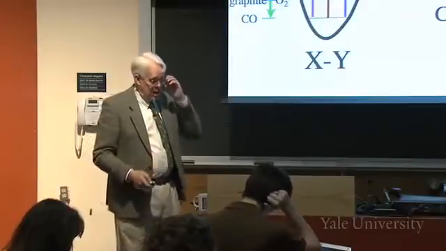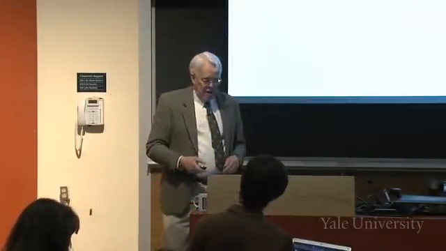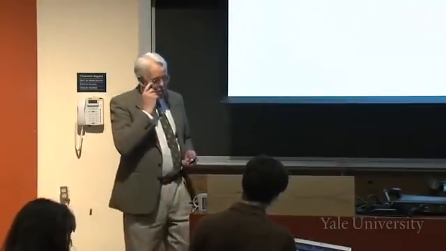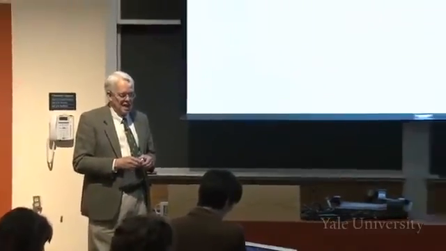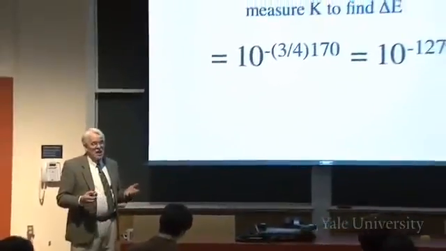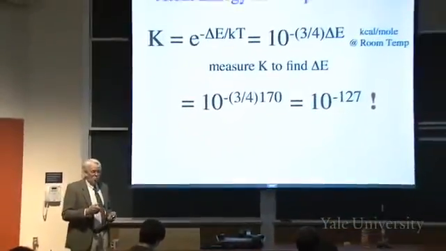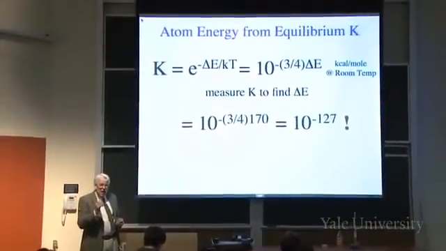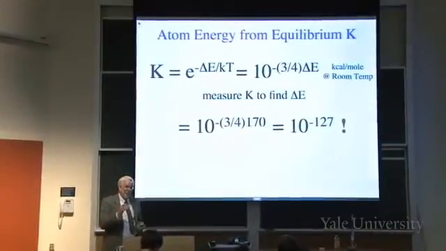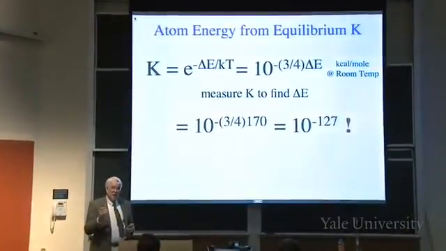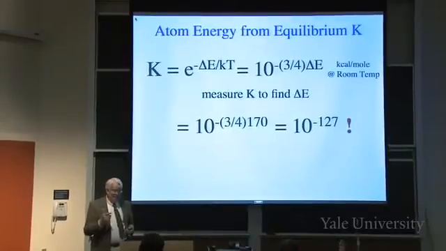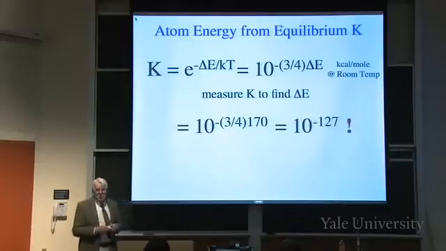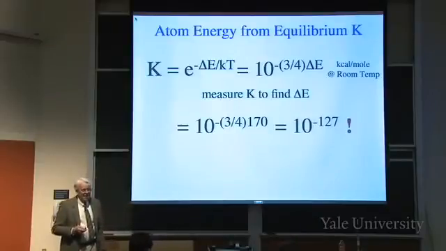Well, let's think about that problem here. So we know that the equilibrium constant at room temperature is 10 to the minus 3/4 delta E. So you can measure K, then you know delta E. But if the equilibrium you're trying to measure is between graphite and carbon atoms, and the energy to take a carbon atom out of graphite is 170 kilocalories per mole, then the equilibrium constant is 10 to the minus 127, right?